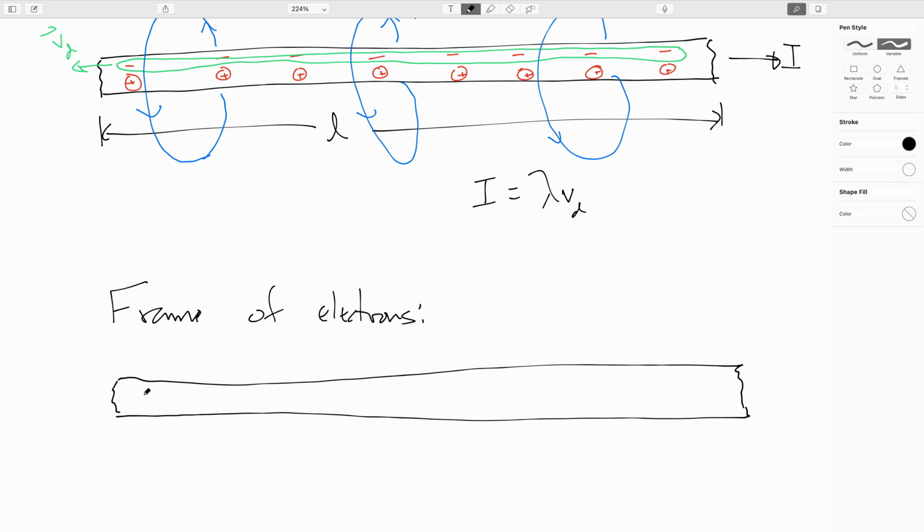In the frame of the electrons themselves, the electrons would say that they're spaced out wider than before.